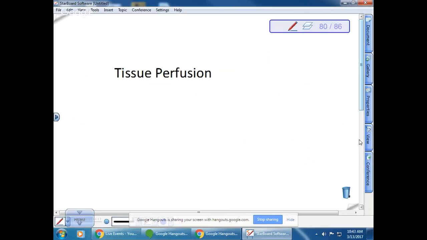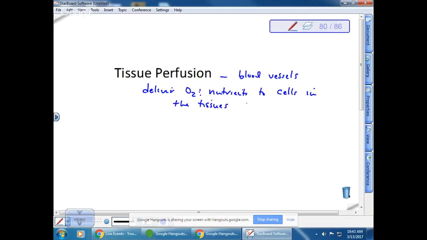Okay, so the blood vessels deliver O2 and nutrients to cells in the tissues. They also pick up CO2 and waste products. Okay.